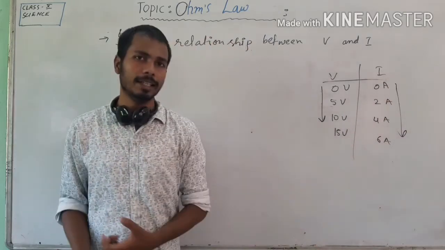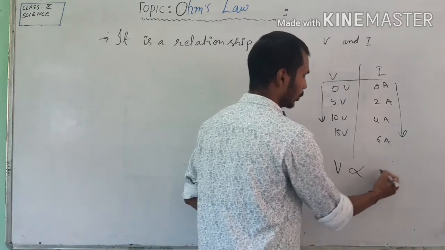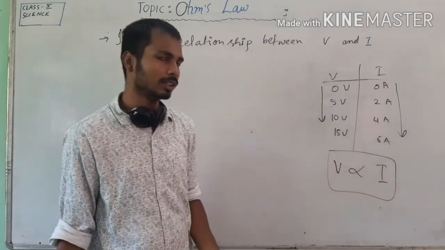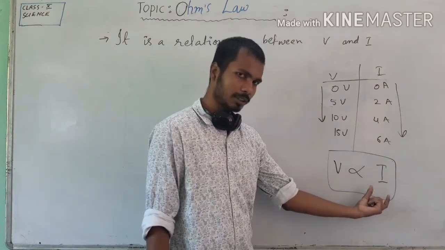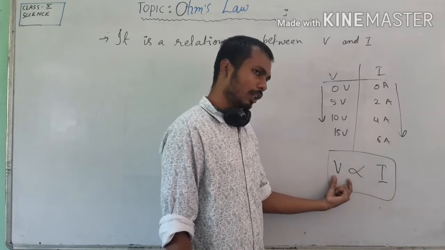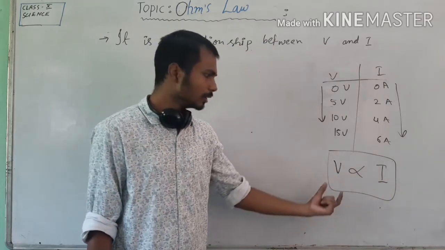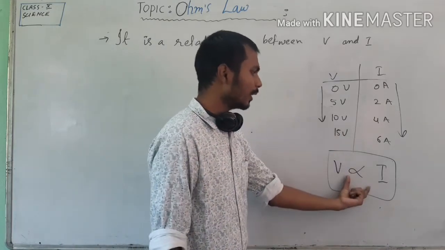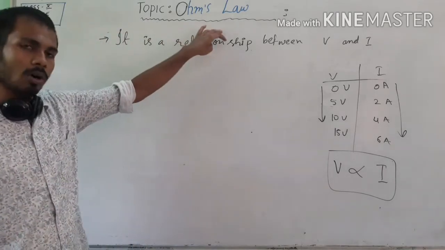This is the relation and he formulated V is directly proportional to I. You have studied these symbols; this is called the proportionality sign. When V increases, I also increases. When I increases, V also increases. When V decreases, I also decreases. Reverse is also applicable. So he found this relation, and this relation is called Ohm's law.